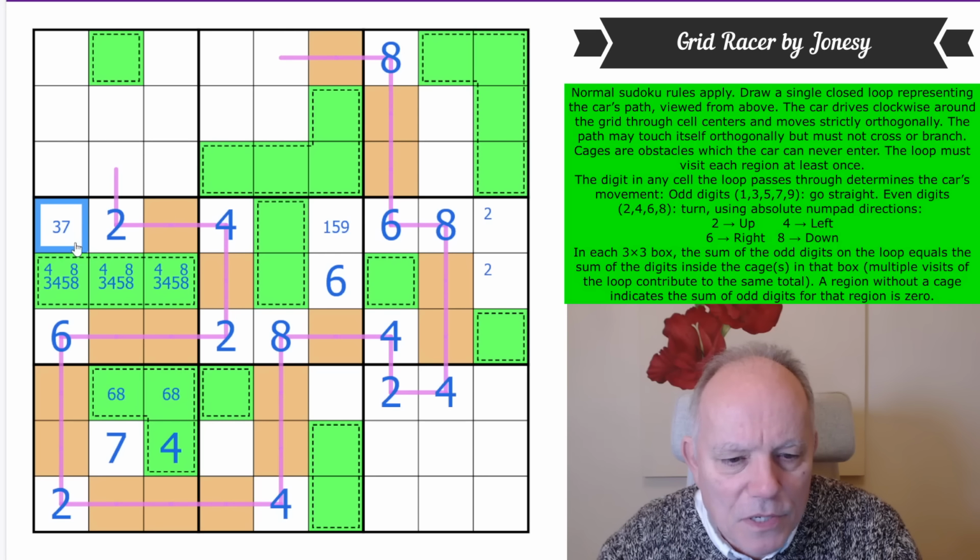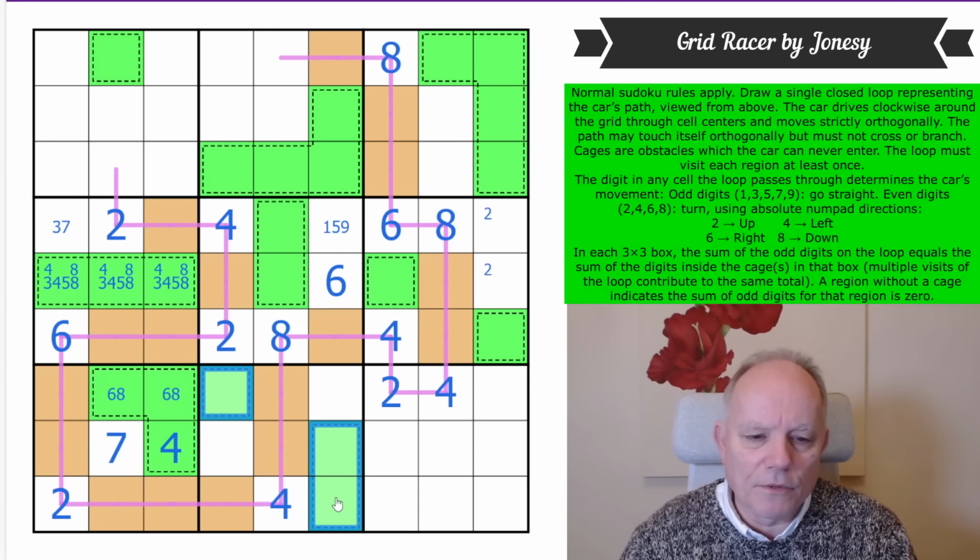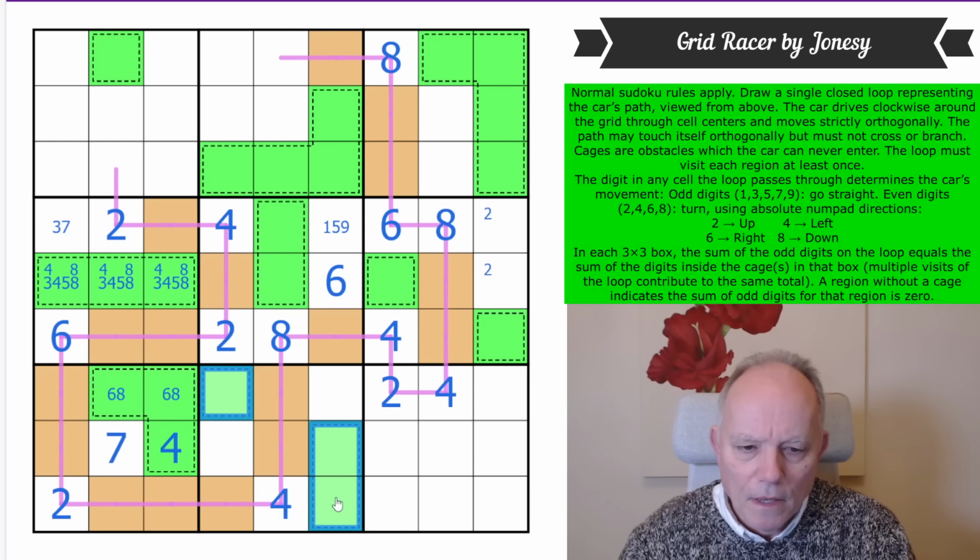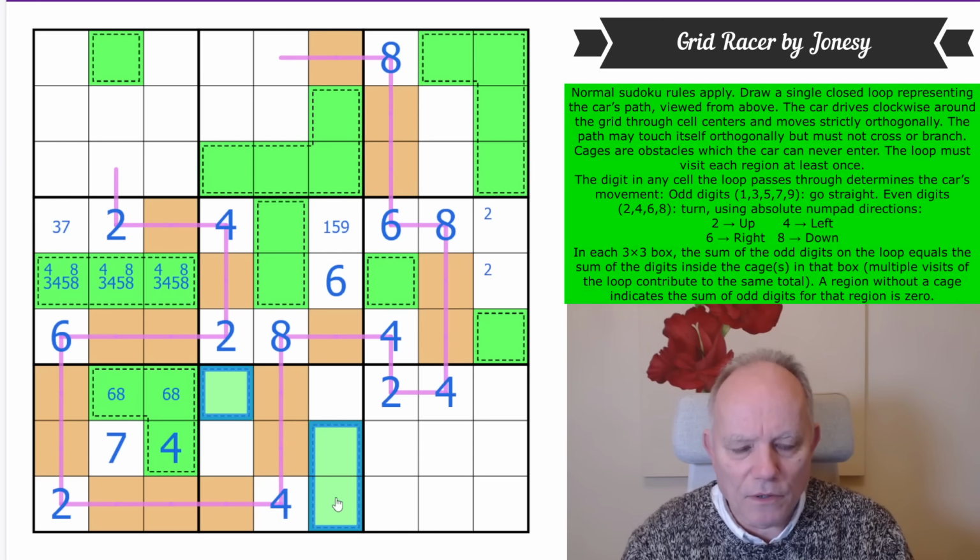I want a bit more certainty about how these are operating. In this box, I've got 3 orange and 3 green. The 3 orange obviously add up to an odd number. The 3 green, therefore, also add up to an odd number. But they can't all be odd this time. So 2 are even and 1 is odd.